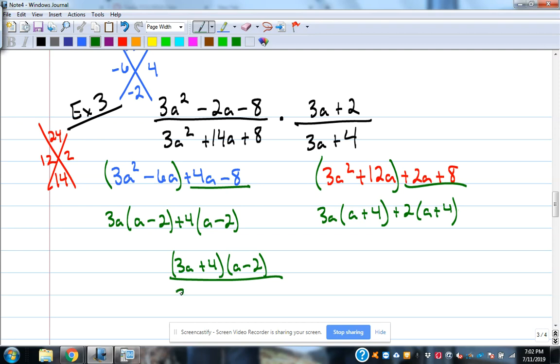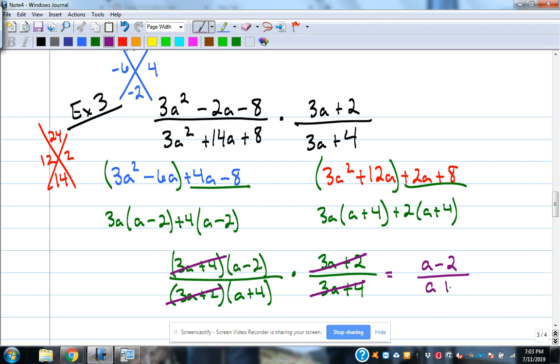And that'd be 3a plus 2 and a plus 4. That's the factoring of the denominator, times 3a plus 2 over 3a plus 4. And we can cancel out 3a plus 4 and 3a plus 2 diagonally, leaving us a minus 2 over a plus 4. There's the simplified version of that multiplication problem.